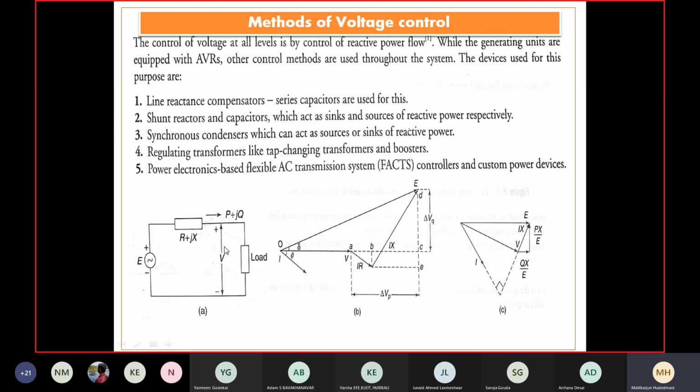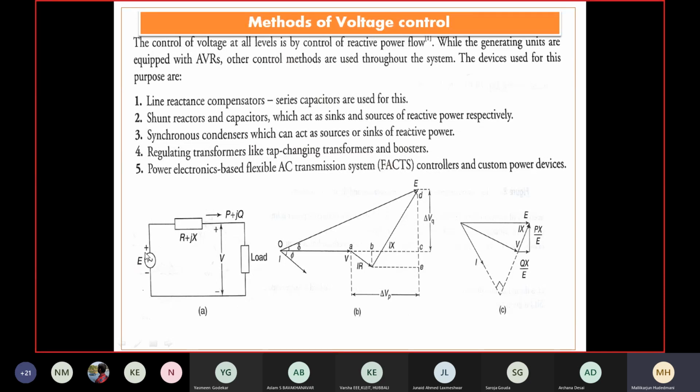If I have terminal voltage V, with P and Q as my requirement, suppose I is the current flowing and E is the generated voltage. How is that profile of the generated voltage represented from the load voltage perspective? How is V being maintained by this generator at this terminal?